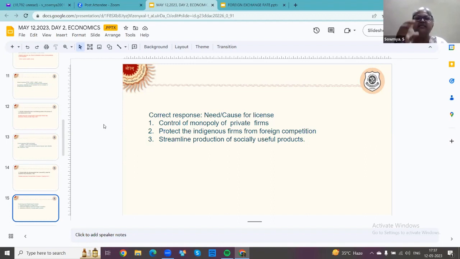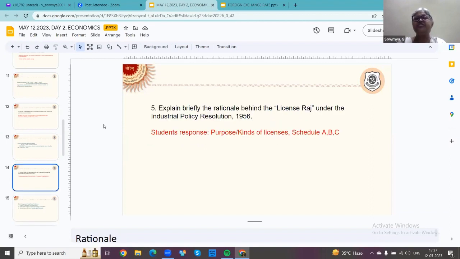So these are the key points the children are supposed to write. It's there, ma'am, it's there in the book, right? Only thing is probably the children know this also, but then they do not know for such a question what is to be written. So probably this word rationale, they do not know about the word rationale.